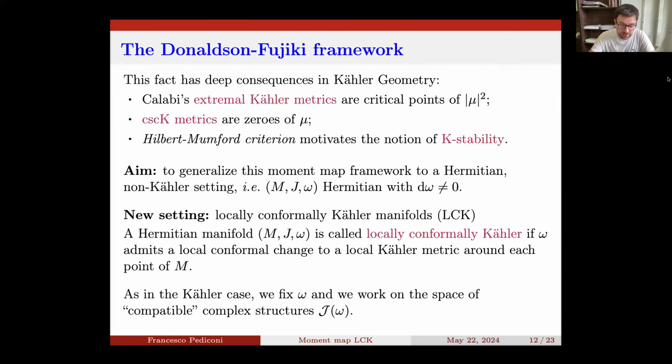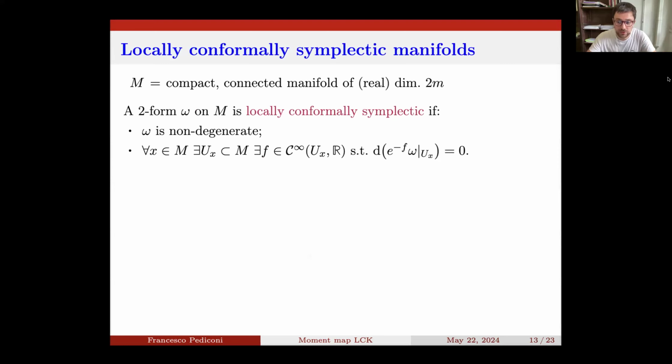Now notice that since we would like to describe non-Kähler metrics, the two-form omega that we are going to fix is not symplectic anymore, but rather is going to be locally conformally symplectic. So let me say a few words about that.